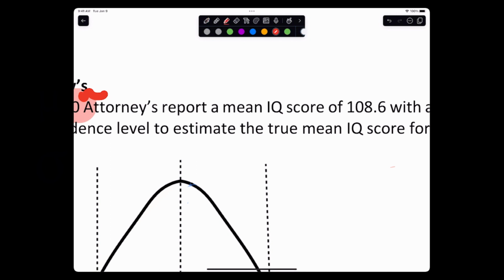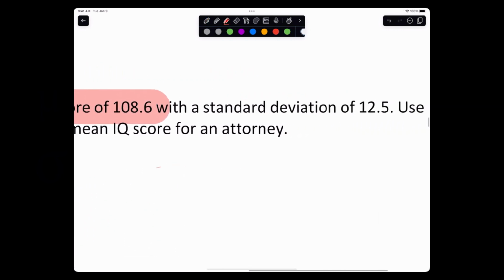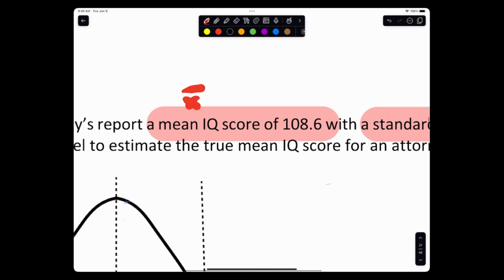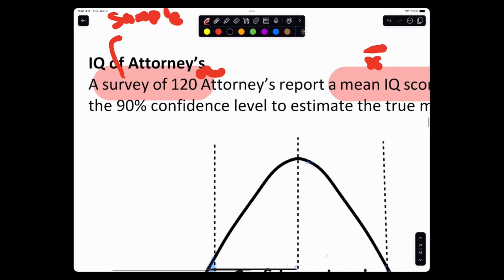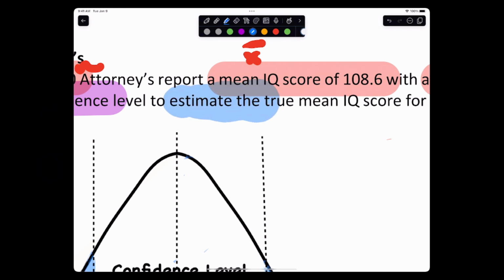If we just focus on attorneys, the mean is 108.6 with a standard deviation of 12.5. Use the 90% confidence level to estimate the true mean, and the true mean is mu.